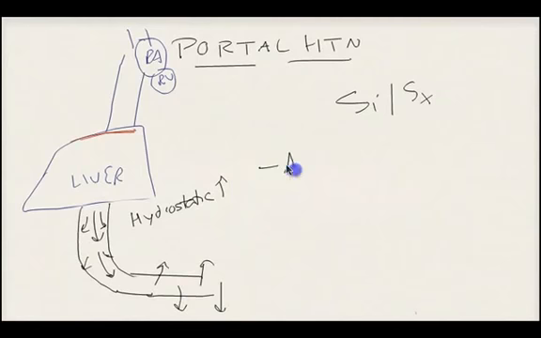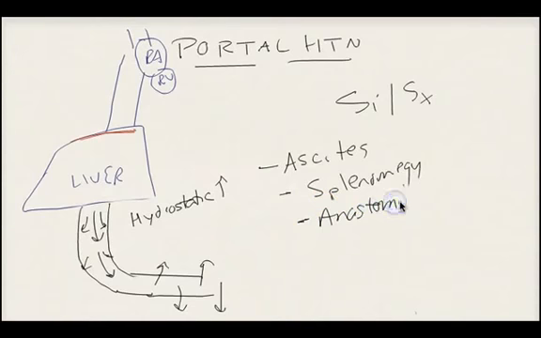So we're going to see things such as ascites. We will see splenomegaly. We will see engorgement within all of the portocaval anastomoses. So if we consider all of those portocaval anastomoses, what we're dealing with is things like esophageal varices.